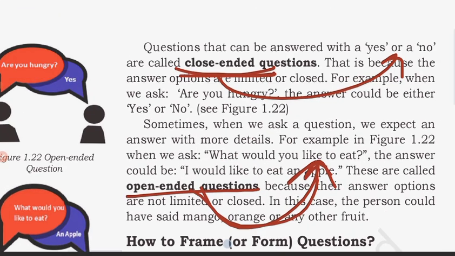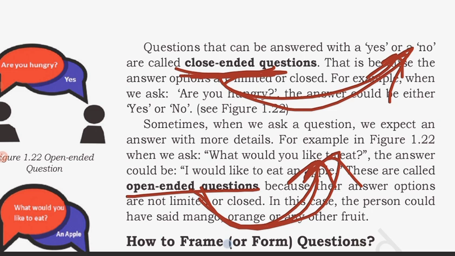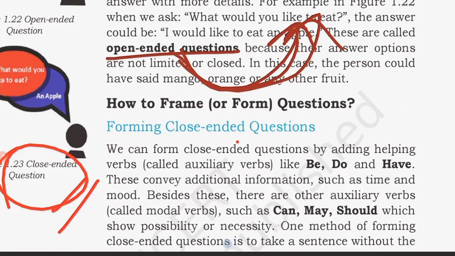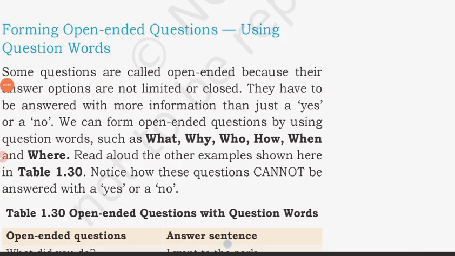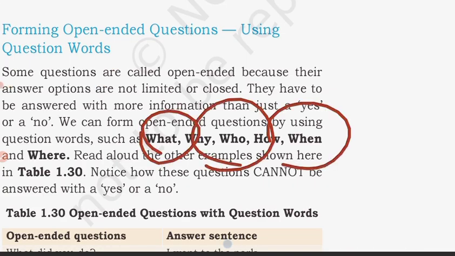But here it is clearly seen: close-ended questions are yes/no type, and open-ended questions are WH ones. I hope that's clear. For the open-ended question, WH words should be used.